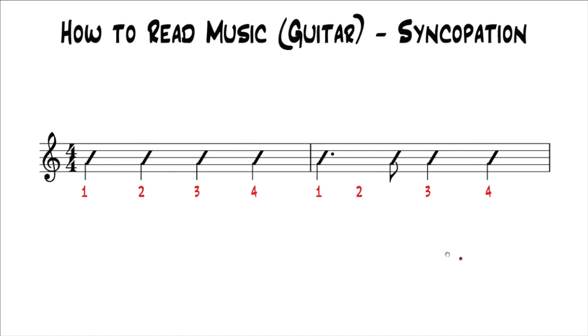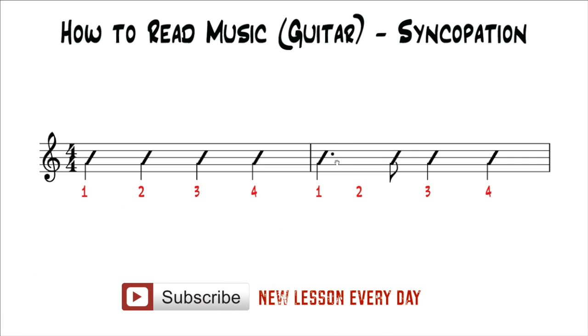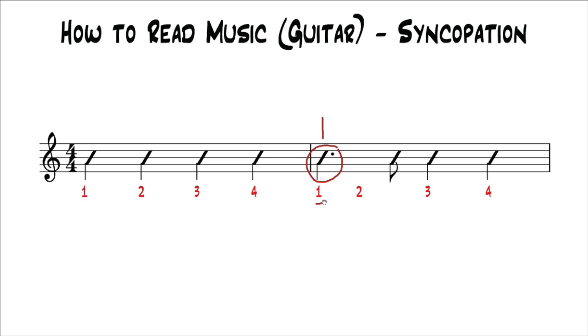Or another way I could create syncopation, it doesn't have to be with a rest, that's just one way you can do it, is on this second bar to have a dotted quarter note now. So a dotted quarter note gets the quarter note count obviously, but then you have that dot which adds in an 8th note value. So that would count for 1 and 2.